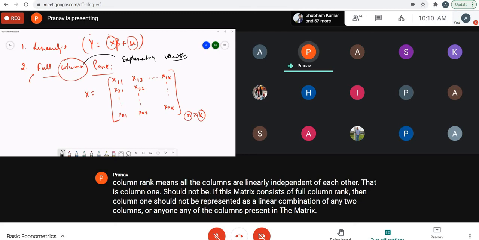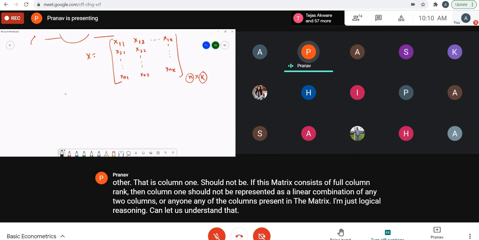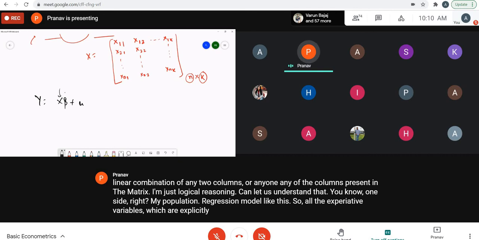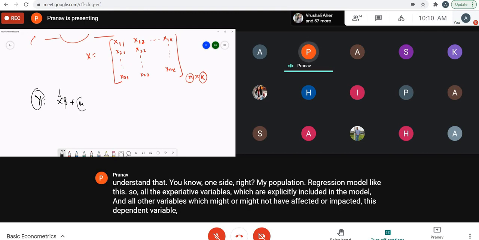Now what is the logical reasoning for this? Let us understand that. What we said earlier is that once I write my population regression model like this, all the explanatory variables which are explicitly included in the model, and all other variables which might or might not have affected or impacted this dependent variable, they all are included in the error term.